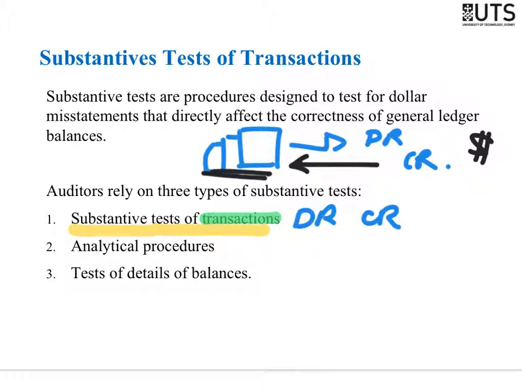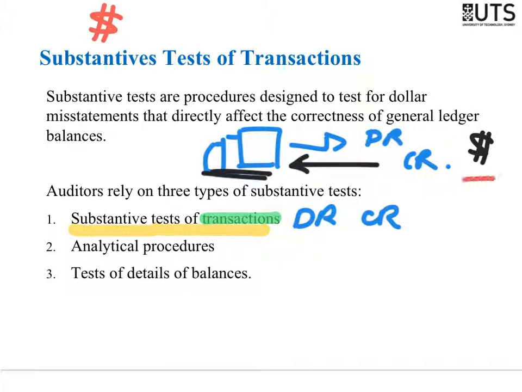All right? Now, I just want to add one more thing here, and that's the distinction between a substantive test and a controls test. Please write this down. A substantive test is any test that focuses on one of three things. Number one, dollar amount. As soon as you are performing a test and the focus of the test is whether this is the correct dollar amount, or looking at the numbers, that's a substantive test.